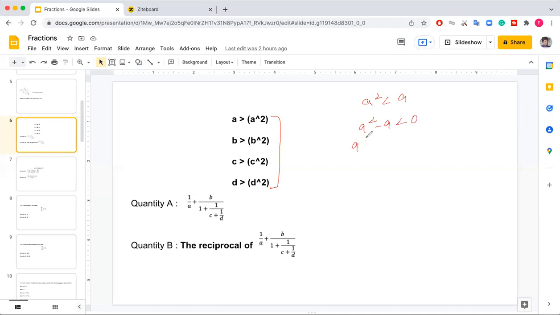Just take A common, this will become A into A minus 1 less than 0. Just equate both of these to 0. So A is equal to 0, A is equal to 1, right? Now proceed from the right direction. This is positive, negative, positive. And the question is saying less than 0. That's why we are having only this range. We will discuss this in detail in the inequality part.